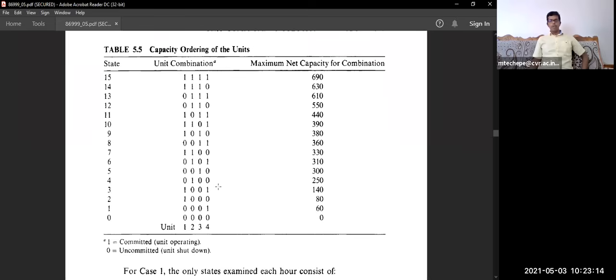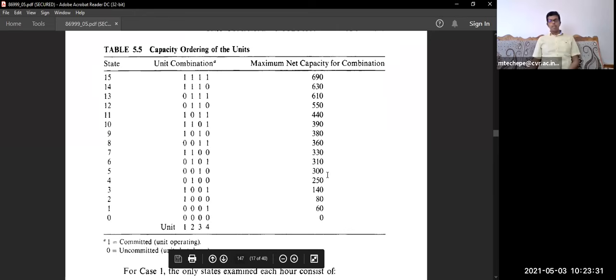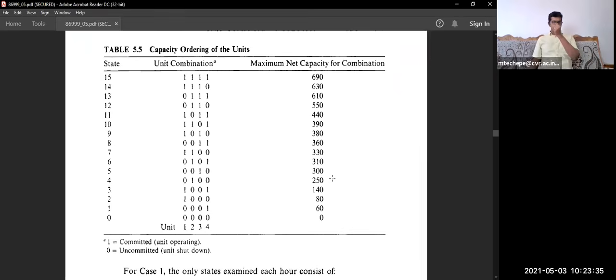So for that two-unit combination, you may be able to generate 140 megawatt. But for that particular hour, the demand will be approximately like this; they will not generate exactly that.